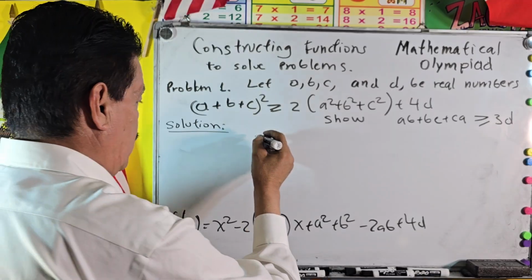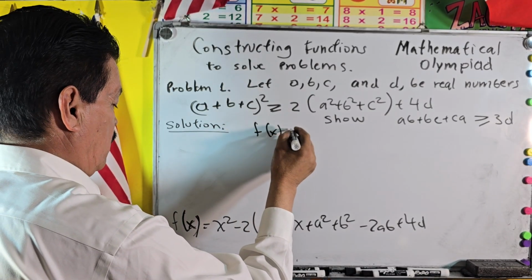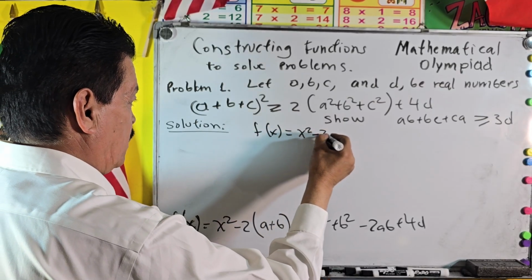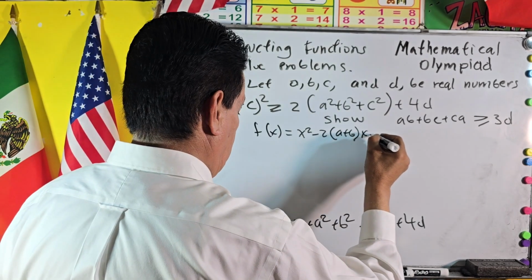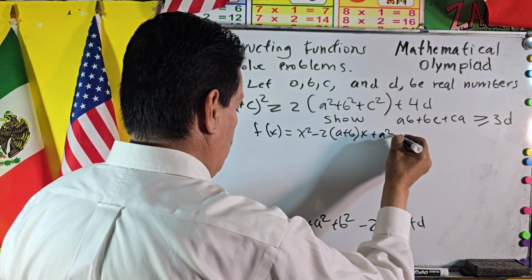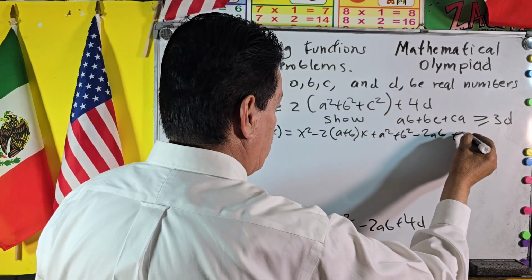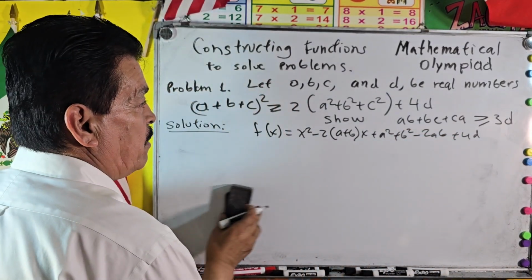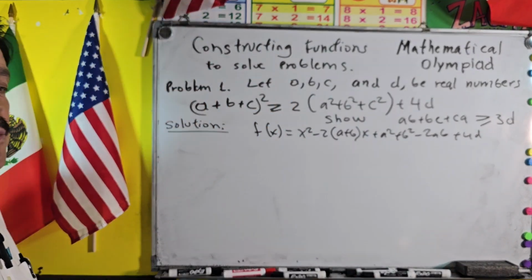The function, let's write the function again: f of x equals x to the second power minus 2 times (a plus b) x plus a to the second power plus b to the second power minus 2ab plus 4d. Let me erase it here, so write it right there so we don't lose it in the process.